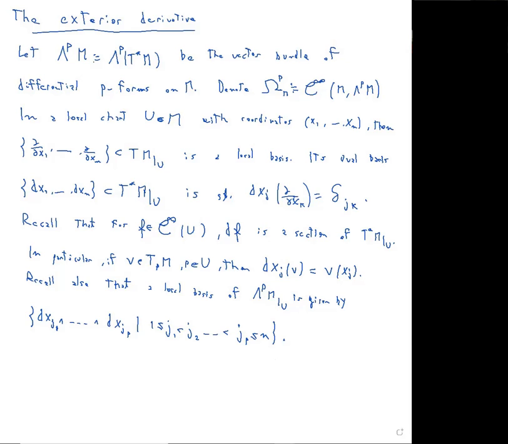And now the theorem, which maybe is a bit long, so I'm going to use the next page. We take a manifold M. Then there exists a unique R-linear operator, operators technically, which we call d.